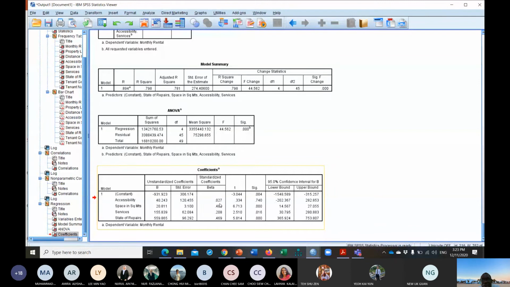Since we have accessibility now contributing 0.027, we write an equation like: rental income is equal to 0.027 of accessibility plus, because they are all positive, 0.488 of space plus 0.288 of services plus 0.469 of repairs. So let's go and write it.